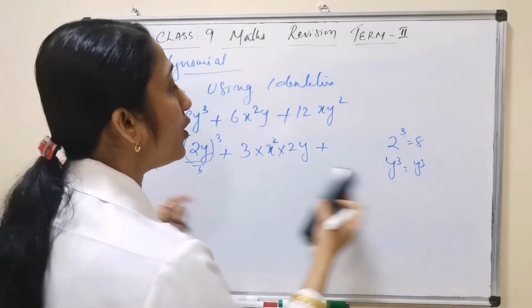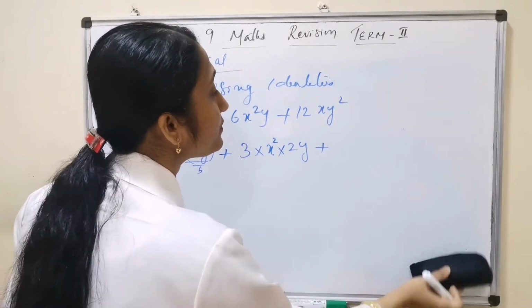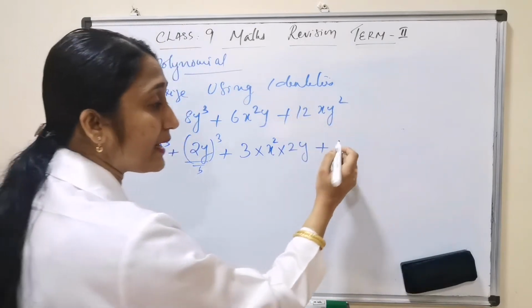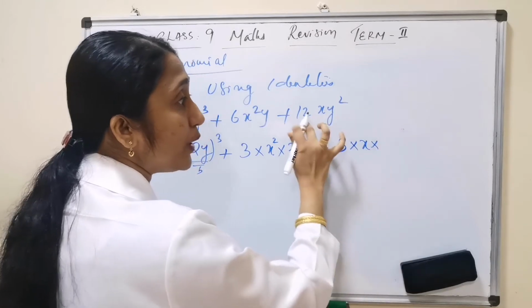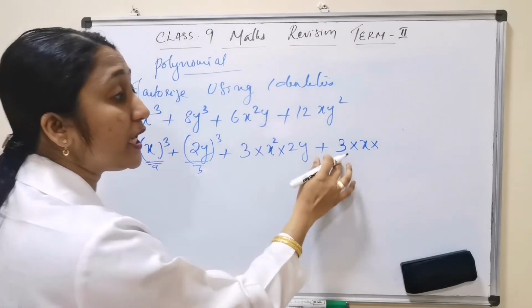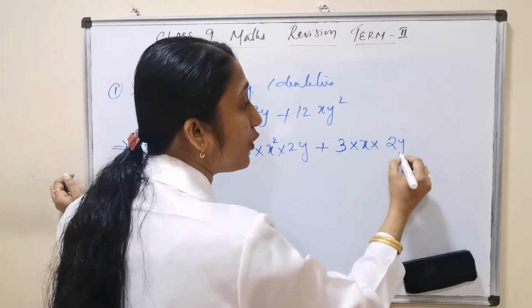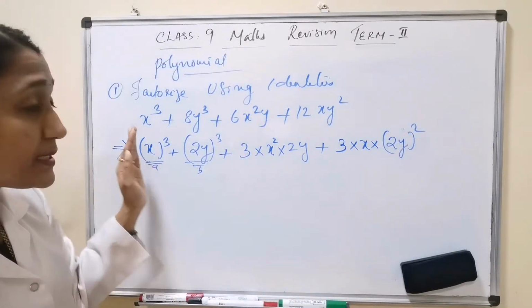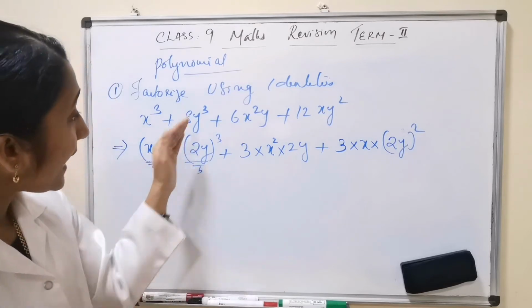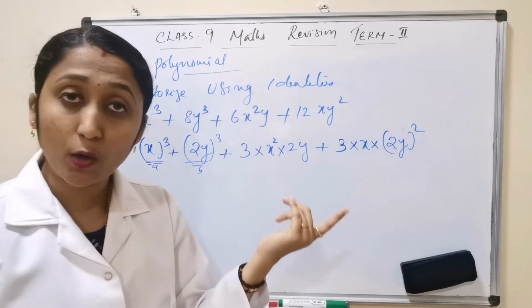Similarly, the fourth term. 12 we can write as 3 into x into, again how many remaining, 3 into 4, that is 2y the square. Check this. x cube means x the whole cube, 8y cube means 2y the whole cube.